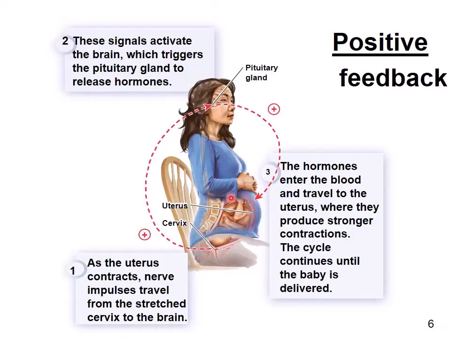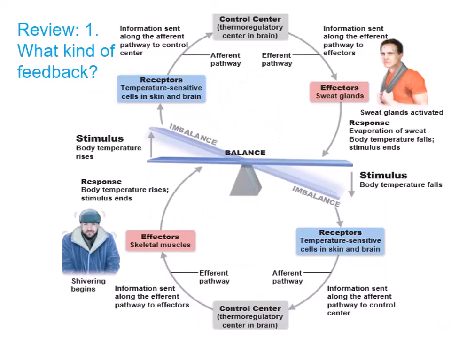As the uterus contracts, it causes the cervix to stretch more, and then you get a signal from the stretched cervix to the brain, and then the brain triggers the pituitary gland to release hormones that travel to the uterus through the bloodstream, where they produce stronger contractions, which causes more cervical stretching, and so on and so forth, all the way until the delivery is complete. So that's positive feedback.